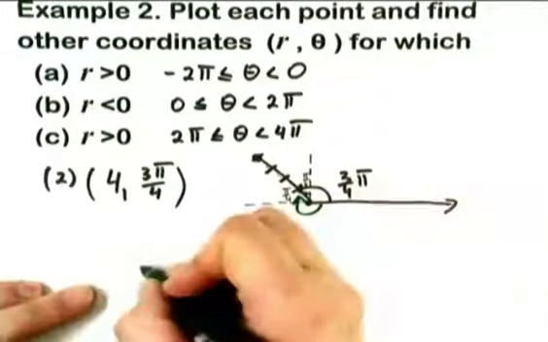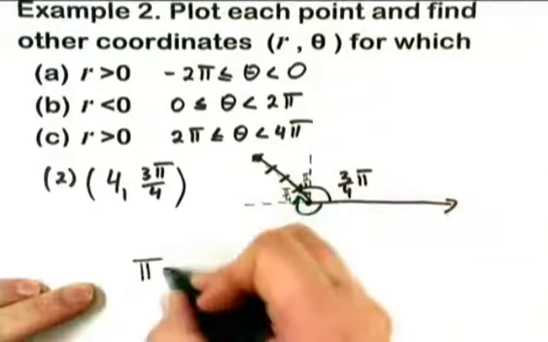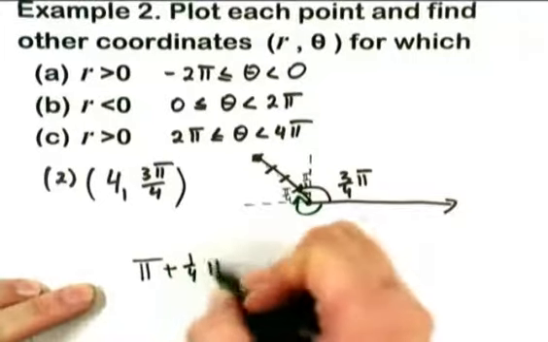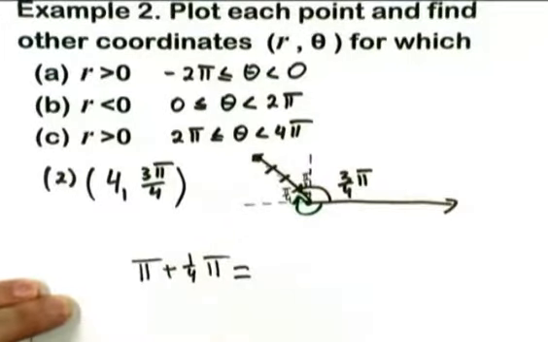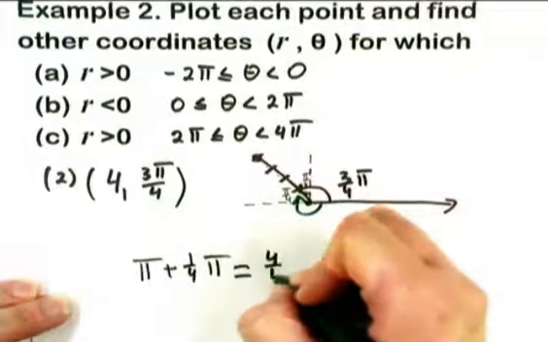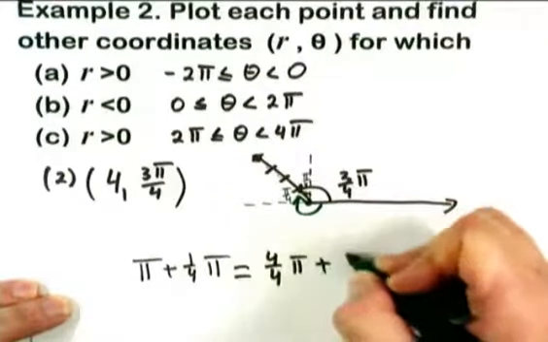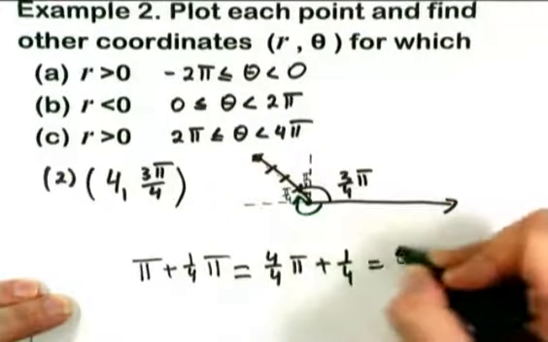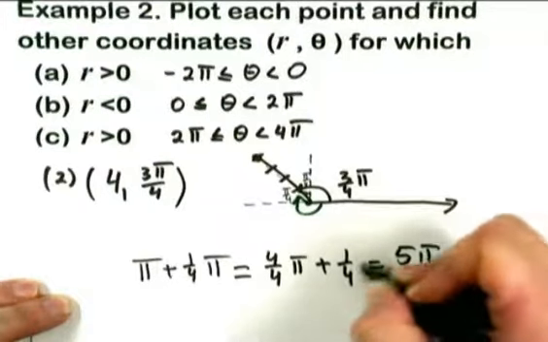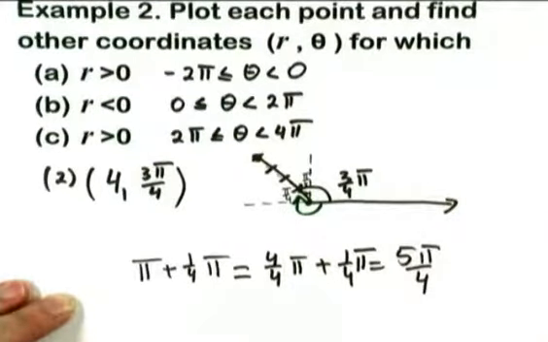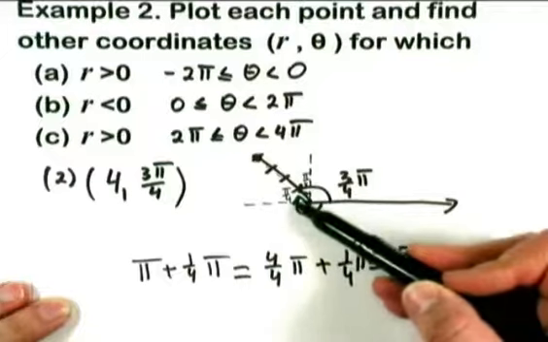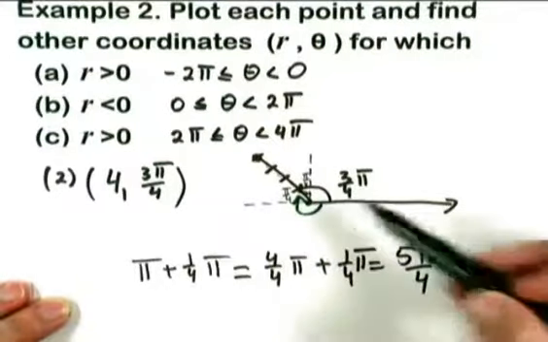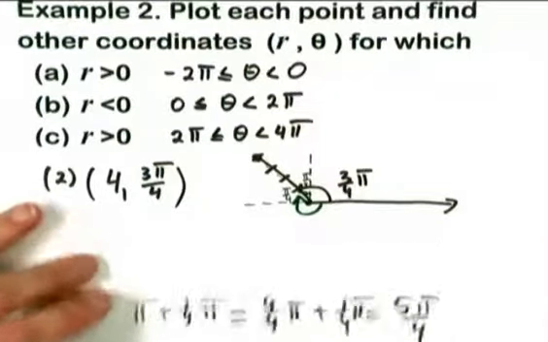So we have pi and 1/4 of pi. Whole pi is 4 over 4, and then we have 1/4, so this one is 5 pi over 4. But we are going in the negative direction. Here's my 1 pi, and this 1/4 is right here, so it's negative 5 pi over 4.